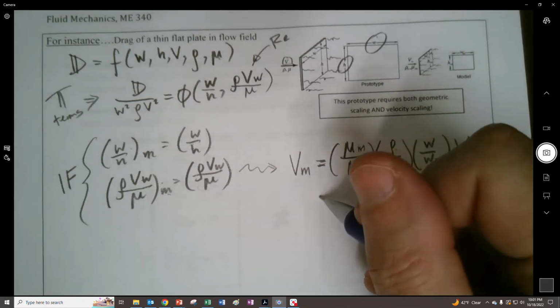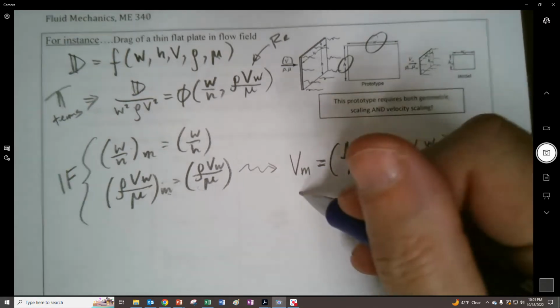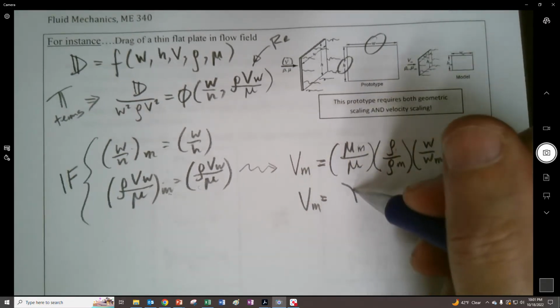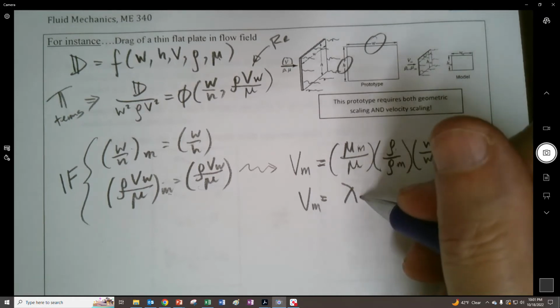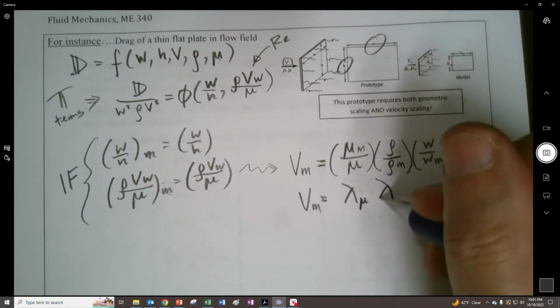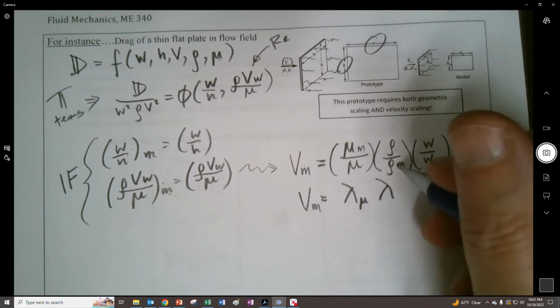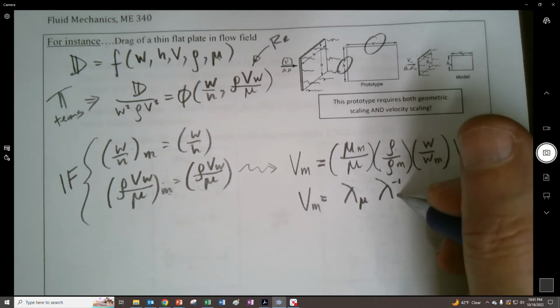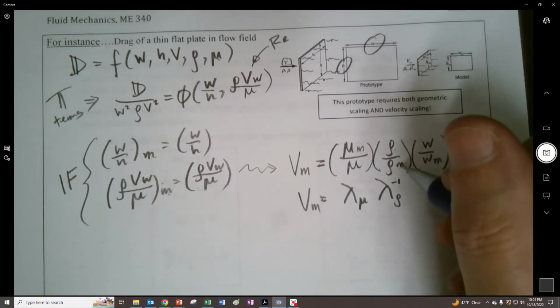Well, let's go ahead. Usually we'll call this a lambda, because usually the model is on top. So this is going to be the lambda based on viscosity, the scale of the viscosities. Here's going to be 1 over the scale of the densities, because the model's on the bottom.